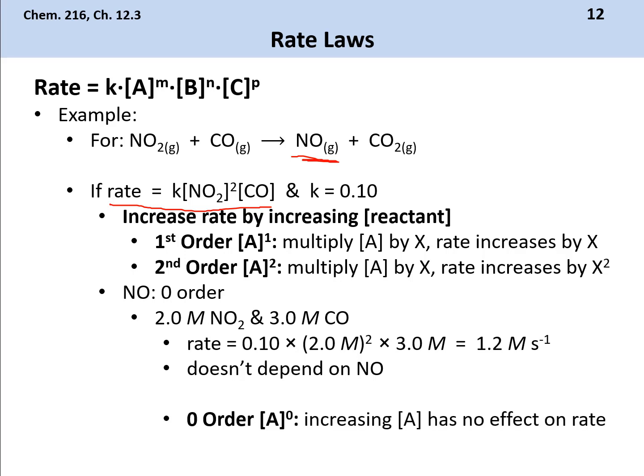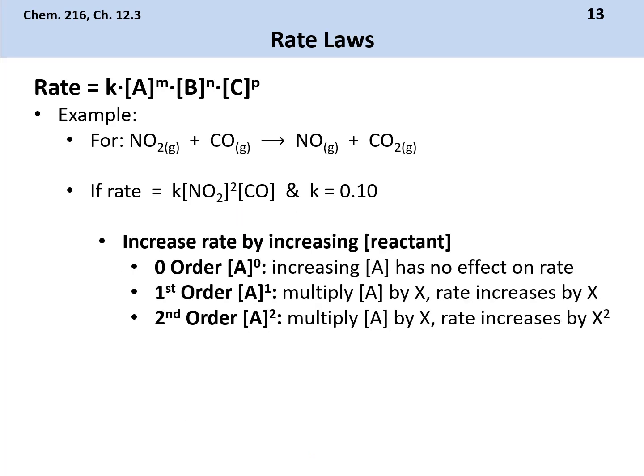So whenever it's zero order, such as A to the 0, which is equal to 1, increasing it has no effect on the rate. Anything to zero order has no effect on the rate.